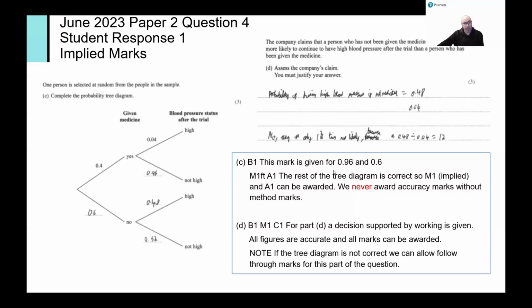However, there are some implied marks given because we can see there are correct values being used for part D. If the values that they provide are correct and they haven't shown working out, it's implied that they know the correct working, therefore we can give those marks.